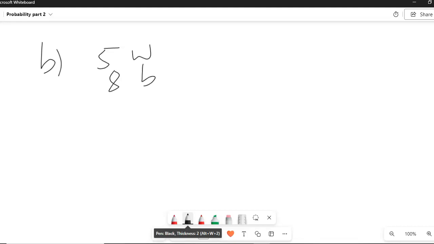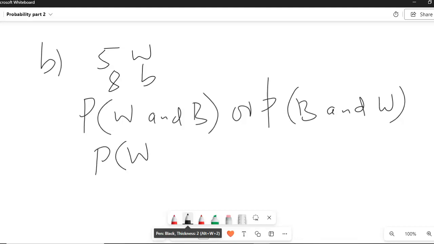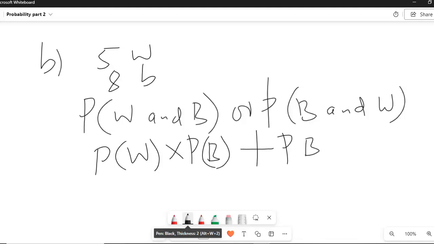We want the probability of either a white and black, or a black and a white. So the probability of white multiplied by the probability of black, plus the probability of a black multiplied by the probability of white.